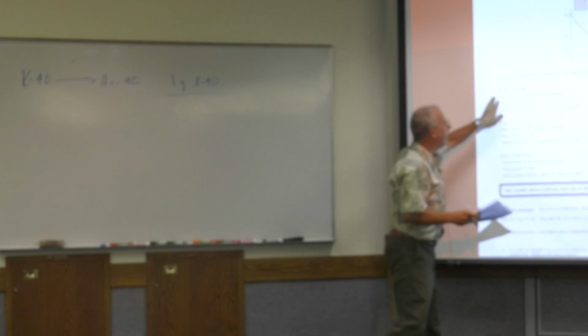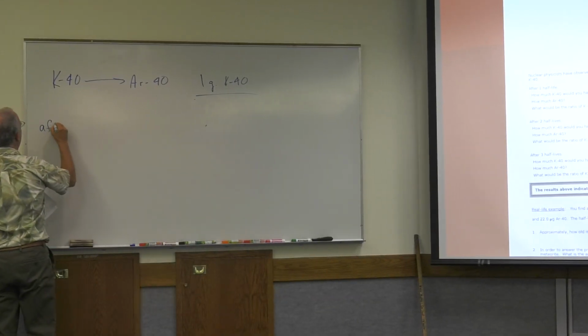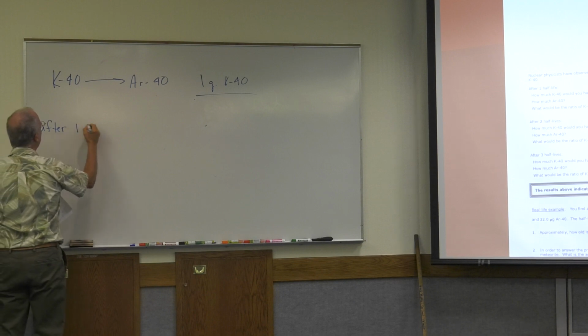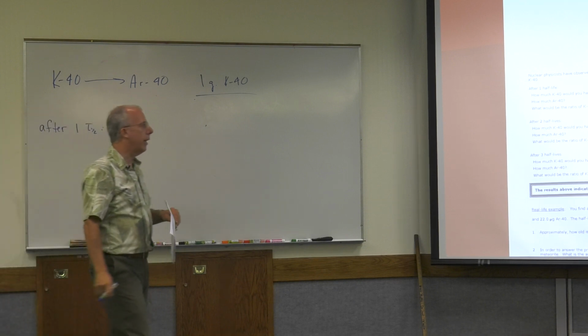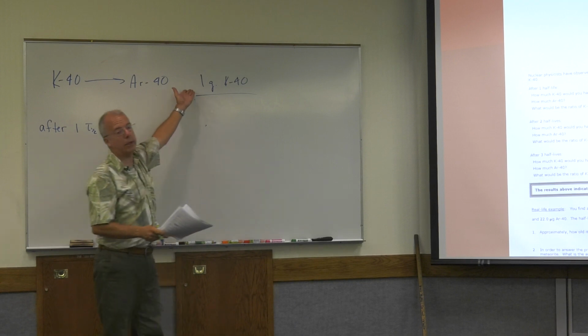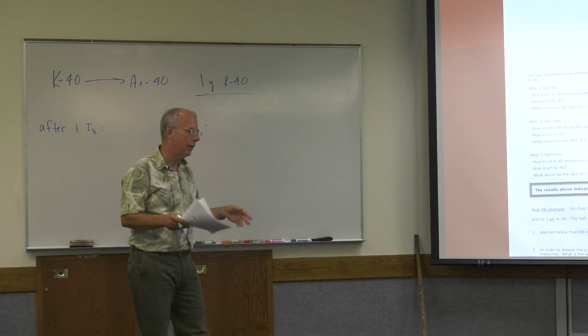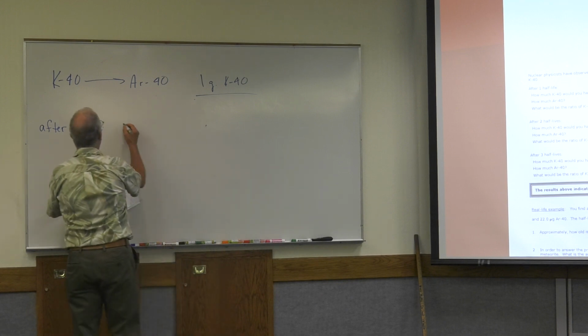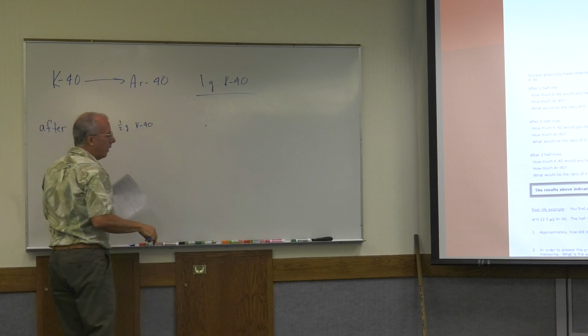After one half-life, how much K40 do we have? Well, we had 1 gram initially. After one half-life, half of it goes away, so what's half of 1? A half. So I have 1/2 gram of K40, and where did the other half go?